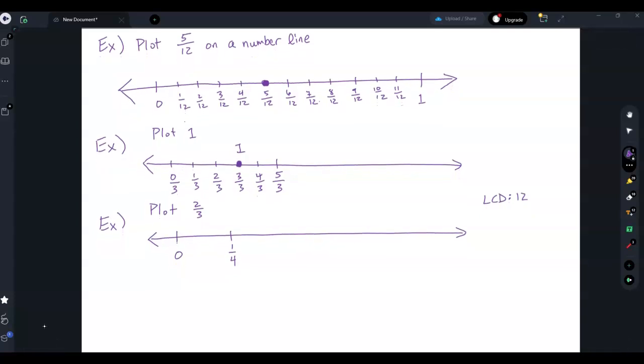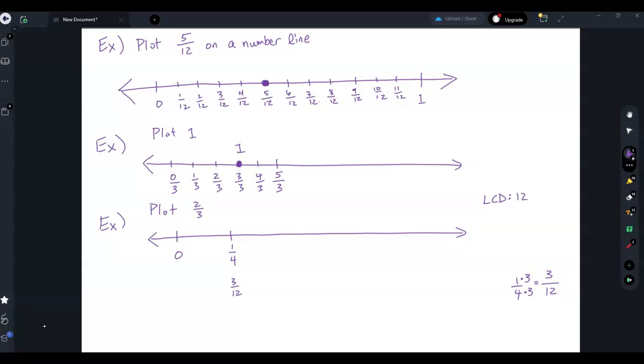So for example, 1/4, if I wanted to rewrite that with a denominator of 12, what I would have to do is multiply that denominator by 3. And then whatever I multiply to the denominator, I'd have to multiply the same thing on the numerator. So really 1/4 is equivalent to 3/12. And if it helps, you can write that.